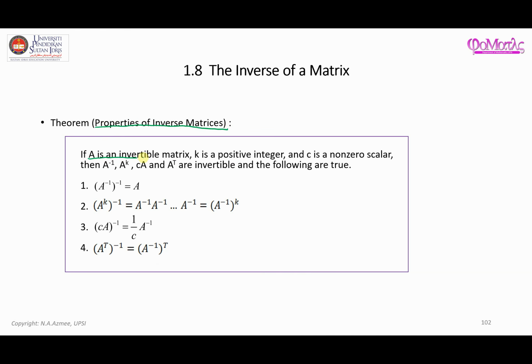Okay, so here is a bit of definition. Let's say A is an invertible matrix, k is a positive integer, and c is a non-zero scalar. Therefore, the inverse of A, and the matrix A multiplied by itself up to k times, so here is basically A times A until k times, and then c, which is a constant, multiplied with the matrix A, and also A transpose.